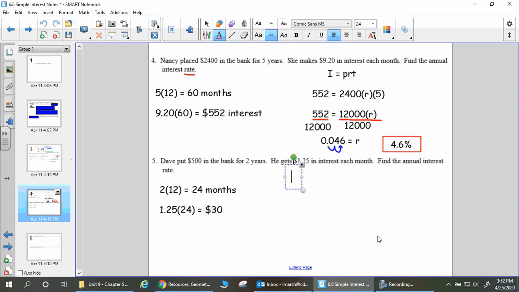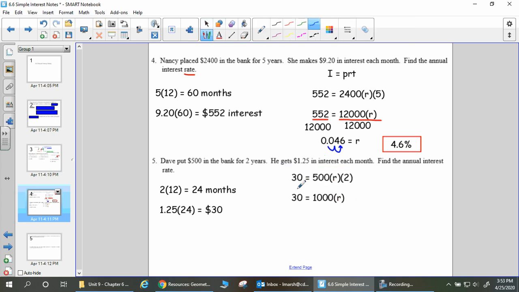So then I'm going to set up my equation. $30 in interest, $500 principal, R for rate, and 2 years for time. Okay, so that means my $30, 500 times 2 is 1,000. Okay, we are going to divide both sides here by 1,000.